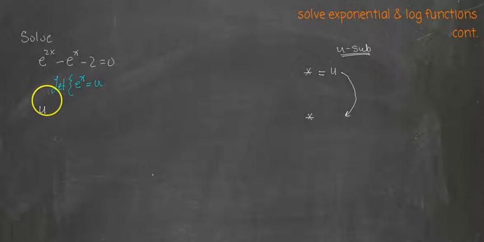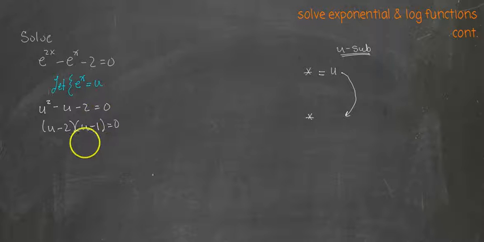So now I have u squared minus u minus 2 equals 0. So (u minus 2)(u plus 1) equals 0. And so u equals -1 and u equals 2.